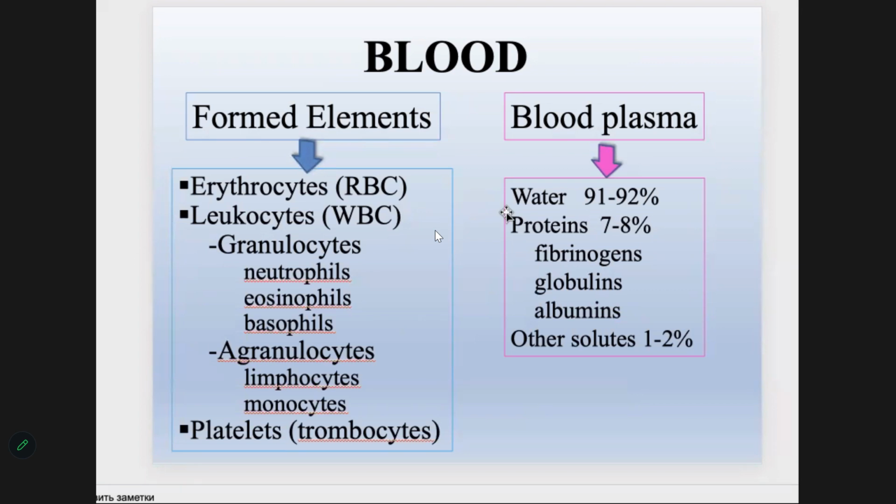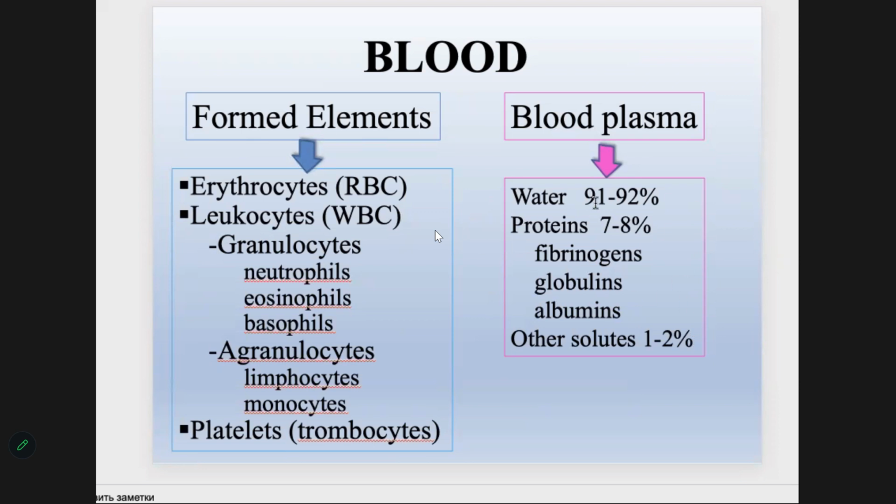Organic substances such as plasma proteins, plasma lipids, and different carbohydrates. And non-organic substances, mineral salts and different microelements, up to 1 to 2%.